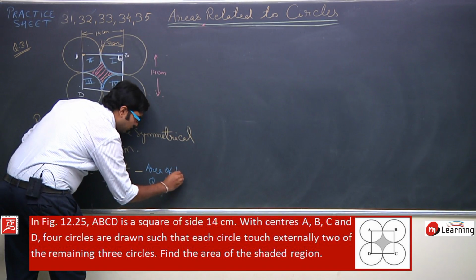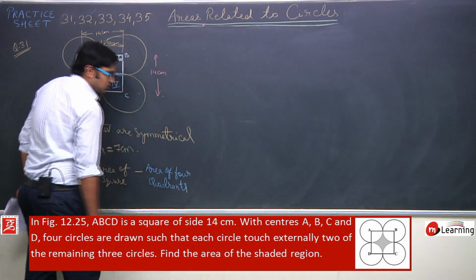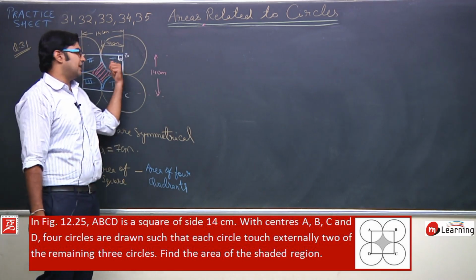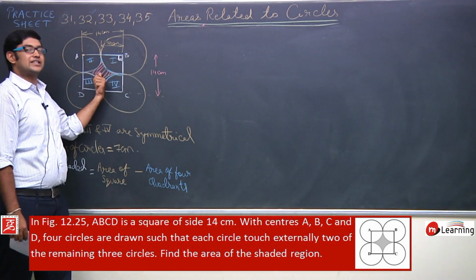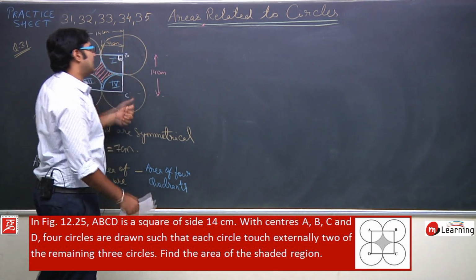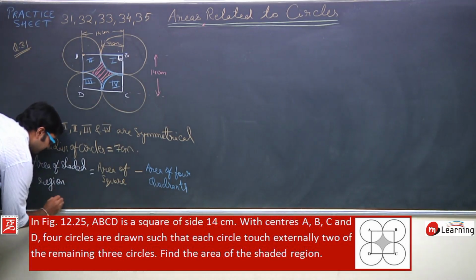Yeah, the area of 4 quadrants. So if I remove the area of these 4 quadrants from the area of the square, I will get the desired area. And what is the area of each quadrant? Let me write the area of each quadrant.